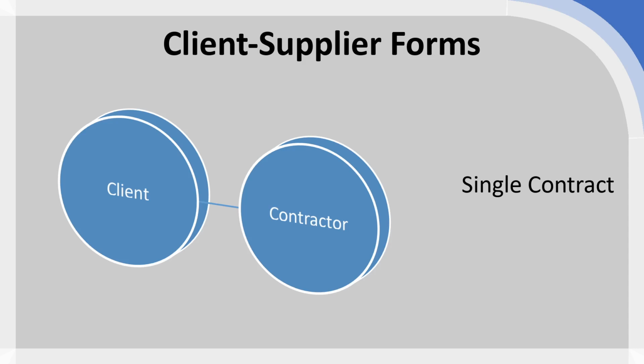You have a client, you have the procurer, and then you have the contractor or the supplier. So you're purchasing directly, whether it's goods, services, labor, and so on, directly with the supplier, and that supplier is providing all of the input that is actually required, and it has all of the advantages and disadvantages of a single supplier form. And that's relatively straightforward.